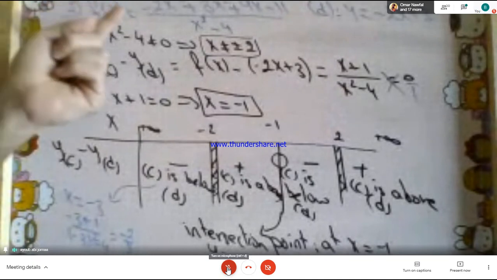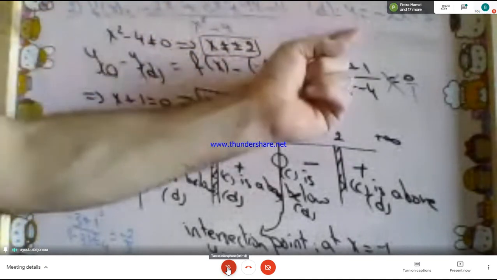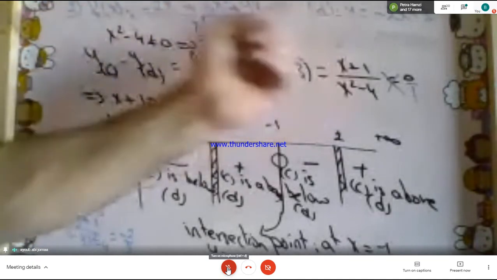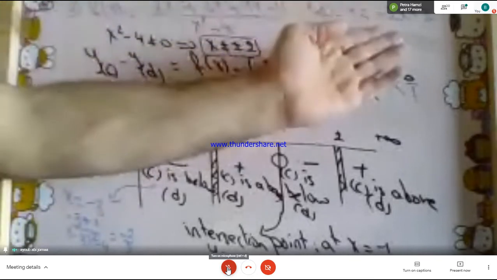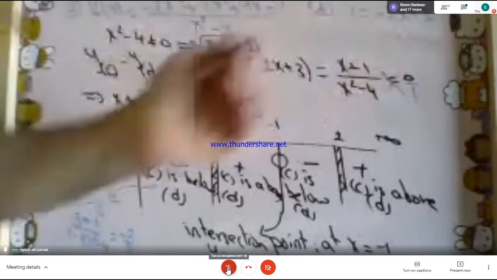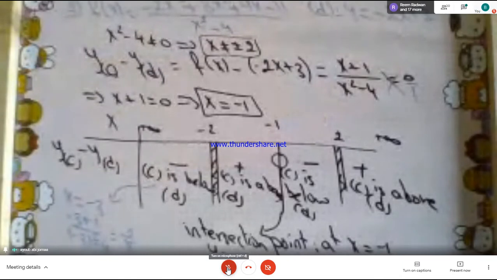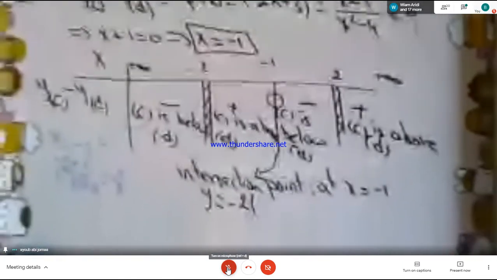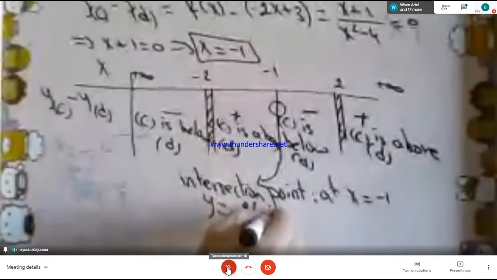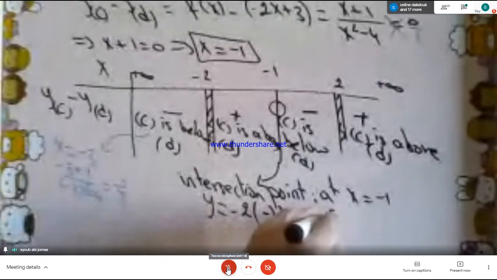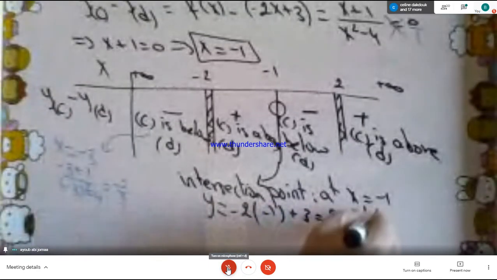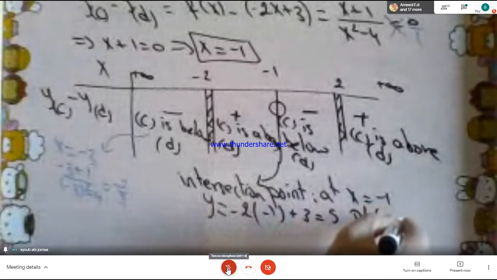This point belongs to the curve of the function and to the line, so you may replace in either. Of course, it's easier to replace in the line, fewer calculations. So -2 times -1 plus 3 is equal to 5. So the point has coordinates -1, 5.